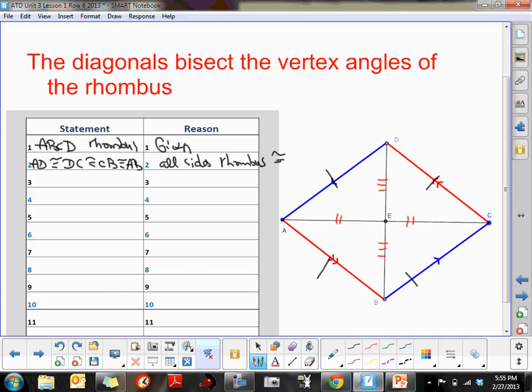The two tick marks from A to E has to be congruent to C to E. And the triple tick marked ones, DE, has to be congruent to BE, because really what those are, those are diagonals, and anytime we have a parallelogram, the diagonals of a parallelogram bisect each other. So we know those two parts have to be congruent.